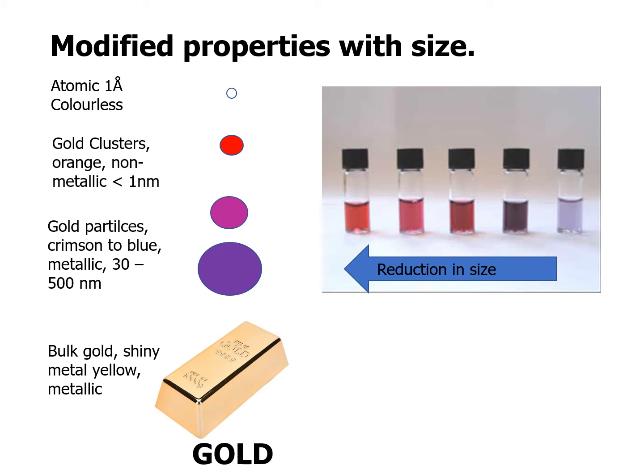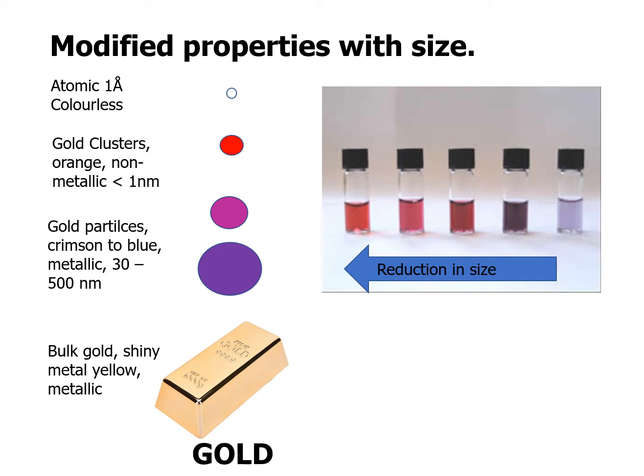For example, if we take gold, we know that gold is a shiny metal, it's yellow, it's metallic, and this would be the same if we had 1 gram of it or if we had 100 grams of it. If we had the same gold and we go to the nanoscale, we can actually see that we have complete changes. We can change, for example, the color to being crimson to blue if we're in 30 to 500 nanometers in scale.